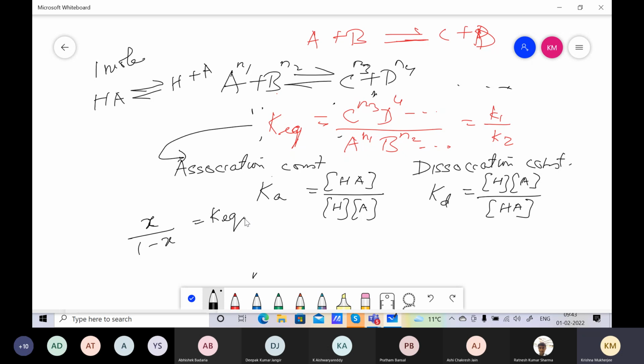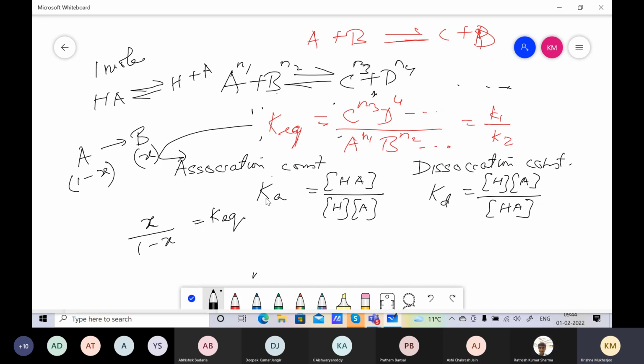Is this correct? Now, are you getting this? मतलब आप A to B कर रहे हैं, है ना? So now, I'm deliberately forgetting A to B, and at equilibrium X is the amount of product formed, so obviously the substrate left is 1 minus X. ठीक है? So X upon 1 minus X is K equilibrium.